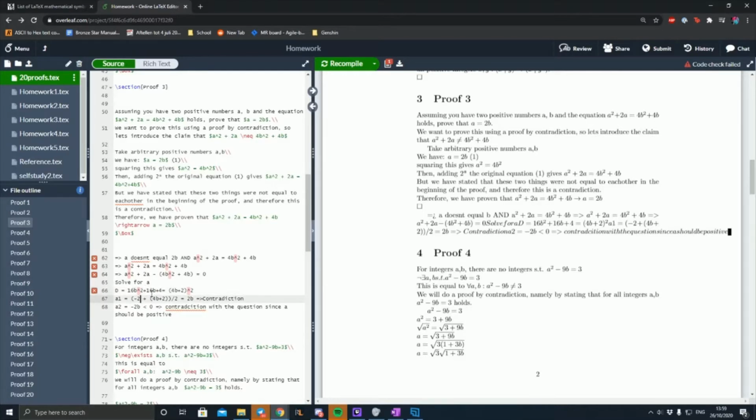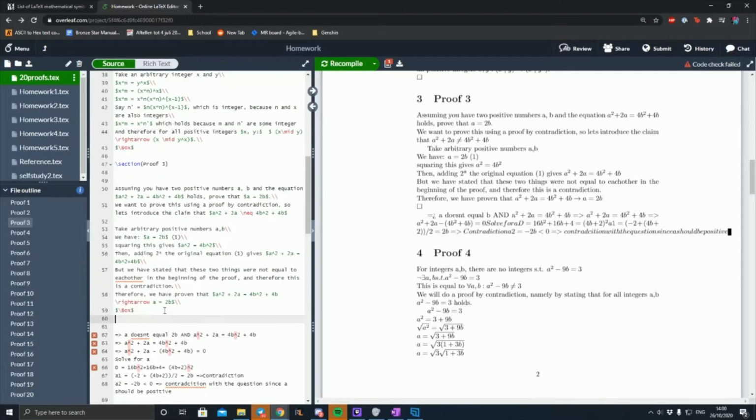Is this like the quadratic formula? Yep. Okay, so let me take this out. Proof by contradiction. So let's introduce the claim that this one is true, but let's say then A is not equal to B.